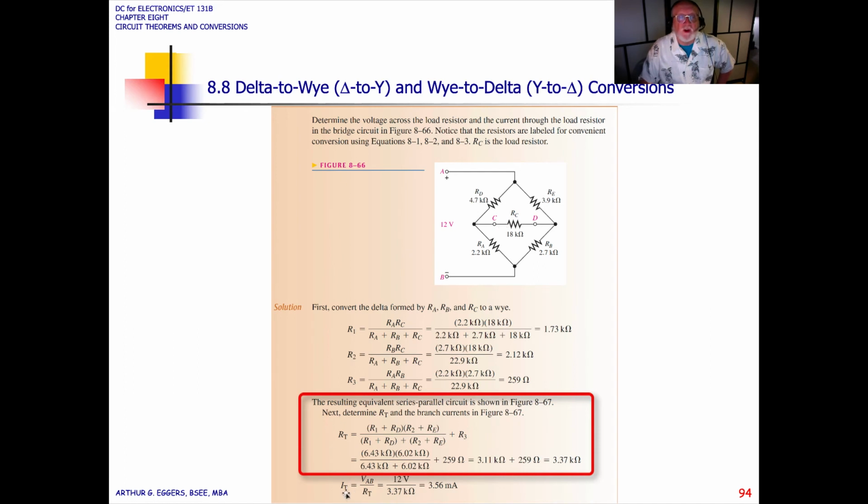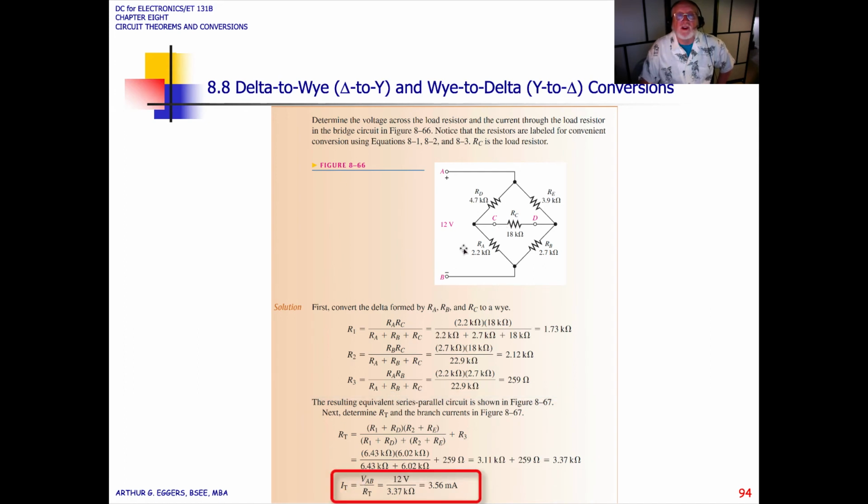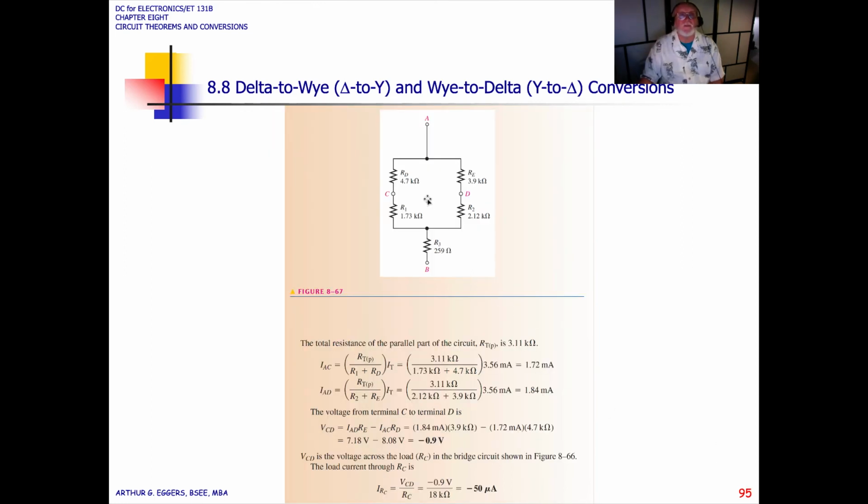To determine the current, the voltage from A to B divided by the total resistance, 12 volts, so A to B is our source, 12 volts over 3.37 k ohms gives us 3.56 milliamps.